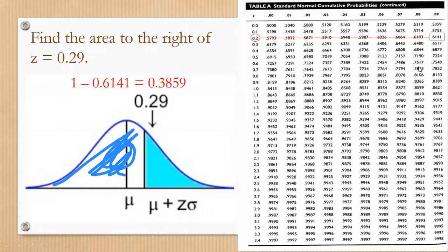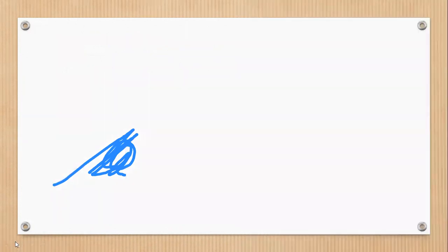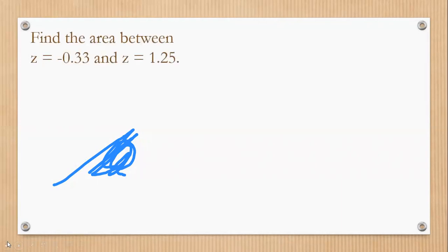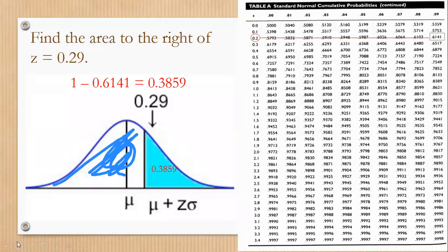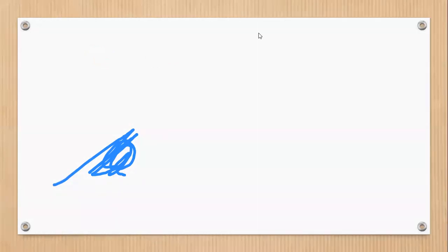So meaning the 0.6141 is this area, but since this is not being asked, we need to subtract that from 1 in order for us to get this shaded region, and that is 0.3859, meaning the area that corresponds to the right of z equals 0.29 is 0.3859. Okay, let's have the last case, which is in between two z values.